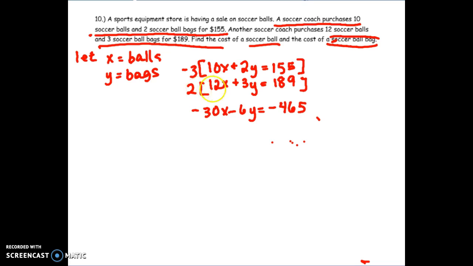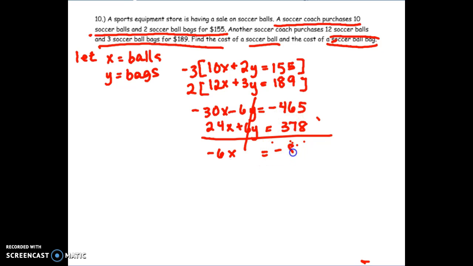The second equation, so 2 times 12 is 24x, plus 2 times 3 is 6y, and then I'm going to get 378. Okay, so now when I eliminate the y's, I'm going to be left with -6x is going to be equal to -87. And then when I divide by -6, my x is going to be equal to $14.50.